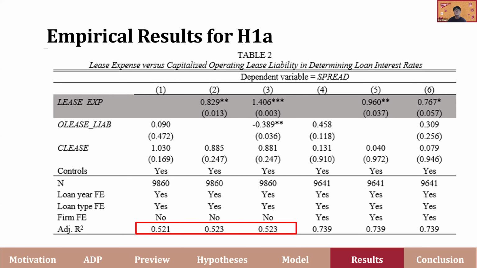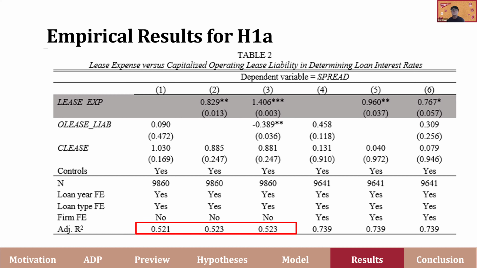Interestingly, when you replace operating lease liabilities with lease expense, going from column 1 to column 2, R squared actually goes up a little bit. But at the minimum, there's no difference. So when you replace lease liabilities with lease expense, nothing seems to happen. When you include both measures together, adjusted R squared doesn't move either.